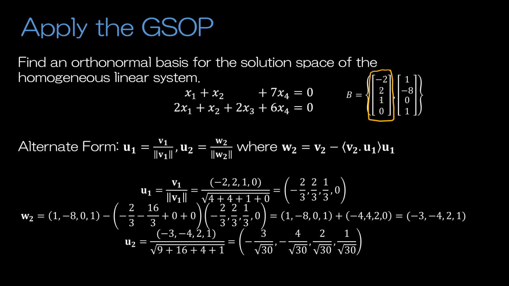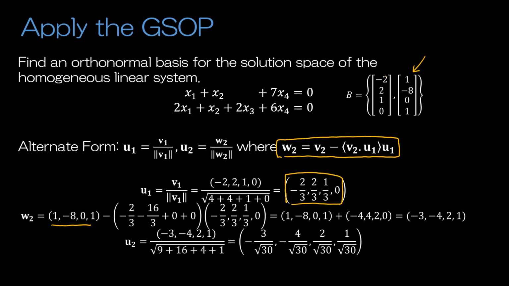The second one requires me to do some work. So I'm going to go ahead and find W2, which is V2 minus the dot product of V2 and U1 times U1. So here's V2, 1, negative 8, 0, 1 from right here. I'm going to take U1, which is what I just determined, and take the dot product with 1, negative 8, 0, 1.